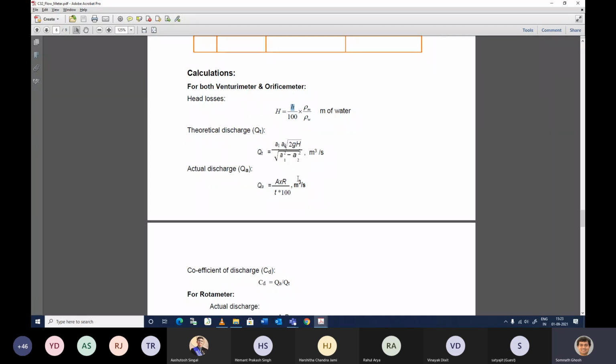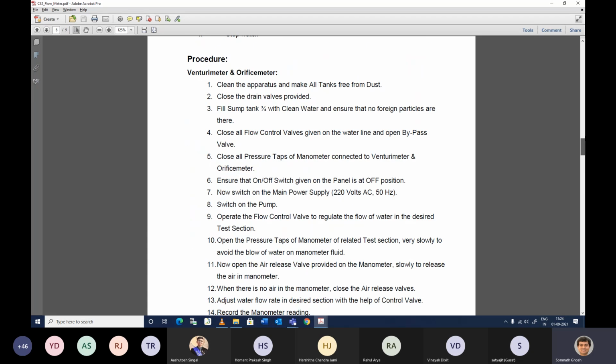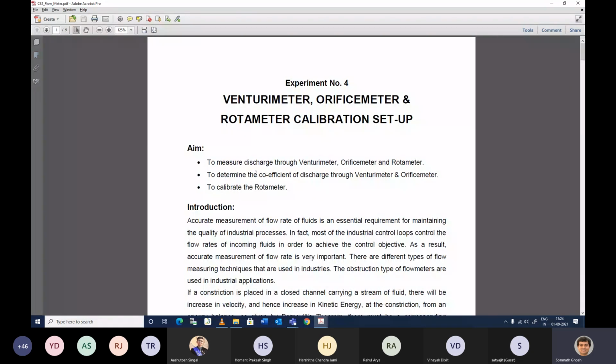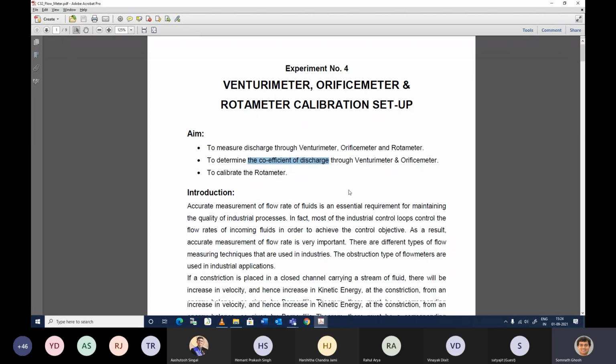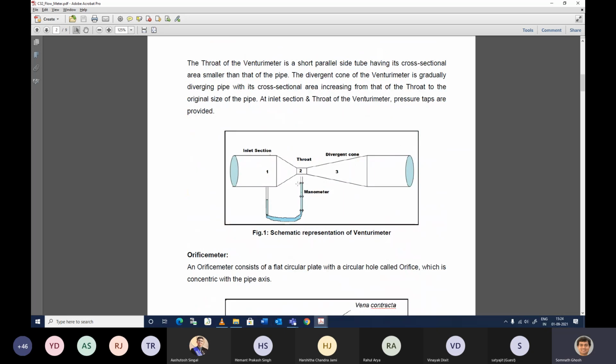From the measurement of the volume, the height of the liquid column in the collection tube, you can get the actual discharge of the fluid. From these two parameters, you can calculate all the values and also the coefficient of discharge, which is one objective of this experiment for the Venturi meter, orifice meter, and the rotameter. Okay, so that's the thing you do.